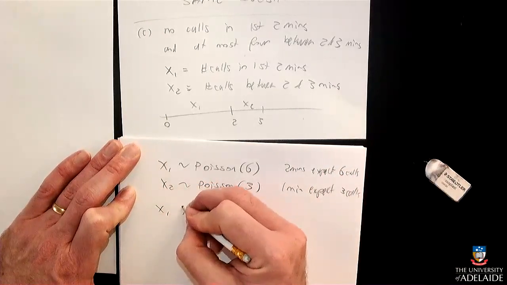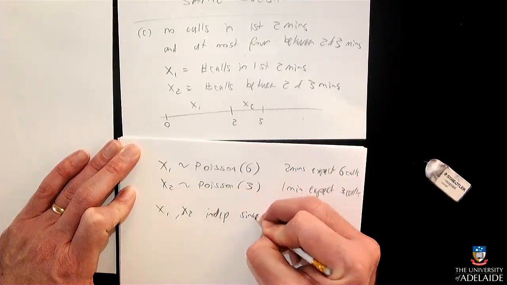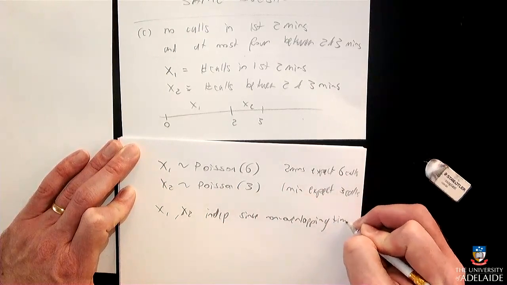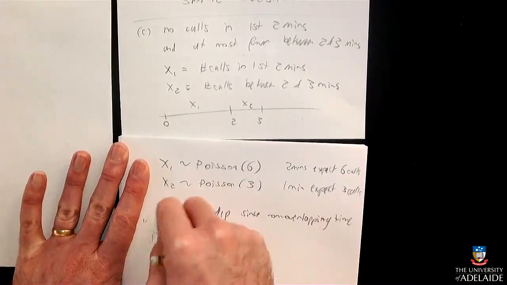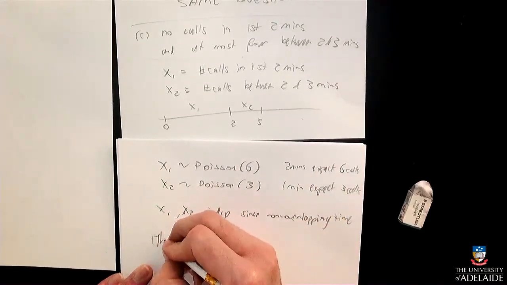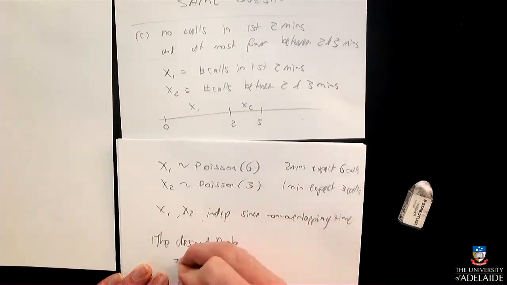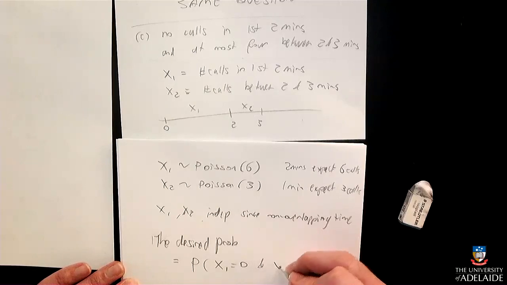And x1 and x2 are independent since they're non-overlapping time frames. And so the probability that I want, because I can't be bothered writing it again, the desired probability is the probability that x1 is 0 and x2 is less than or equal to 4.